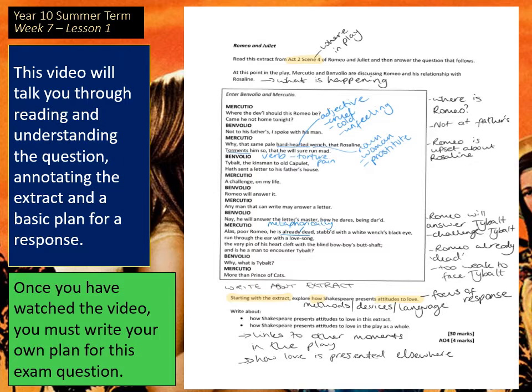She has stabbed him with a white wench's black eye. So again, we've got a violent verb there, and that repetition of calling her a wench, and suggesting that it's her gaze that has done this to him.